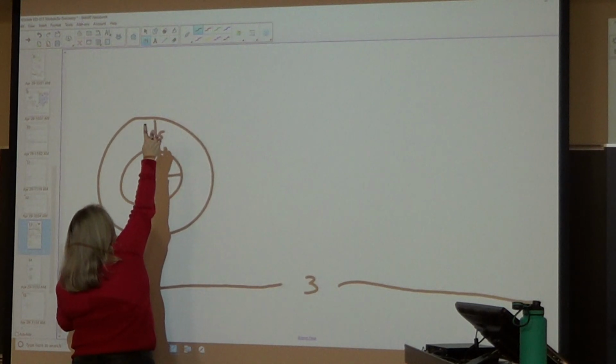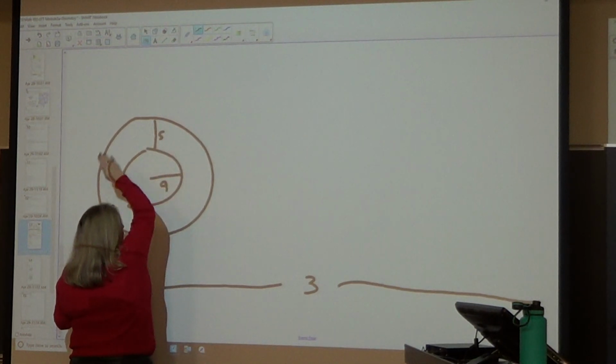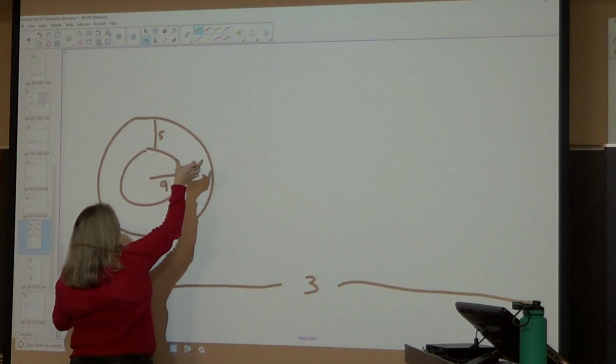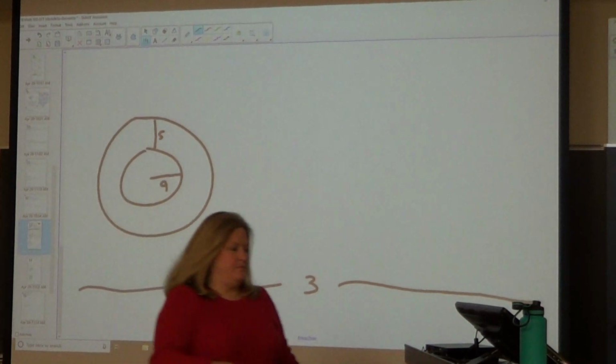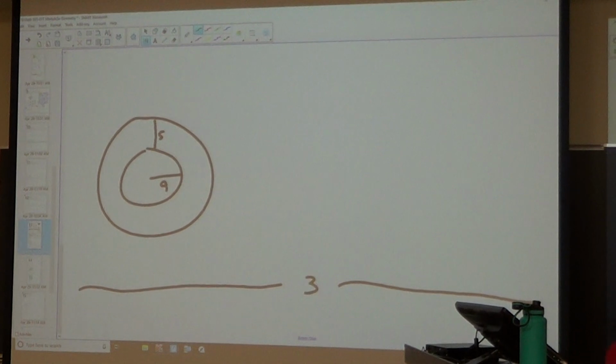And I'm telling you that the sidewalk that goes around the pool has a width of 5. Okay? So, I'm going to do pi r squared of the outside minus pi r squared of the inside. Let's start with the inside. That's going to be 3.14 times what squared?